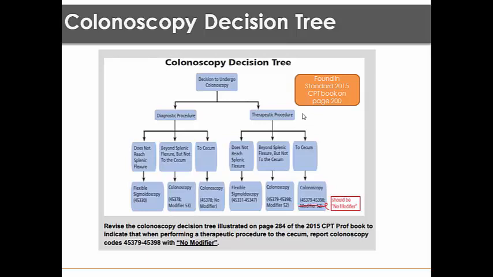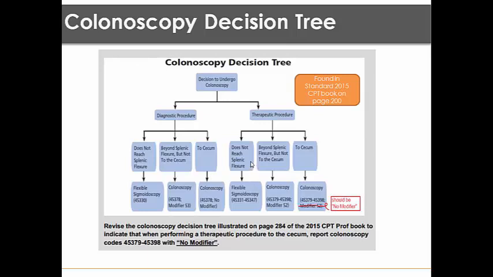If the surgeon removed polyps, maybe did a dilation because there was a stricture there, or they performed some other kind of surgical procedure, the coder is going to be on this side, and it's going to be the same as the left side.